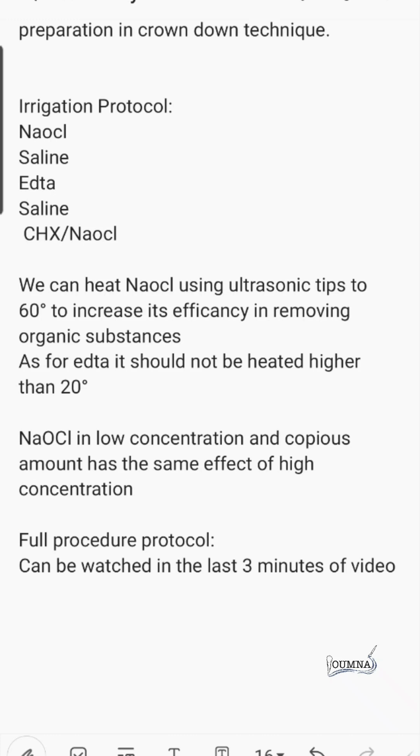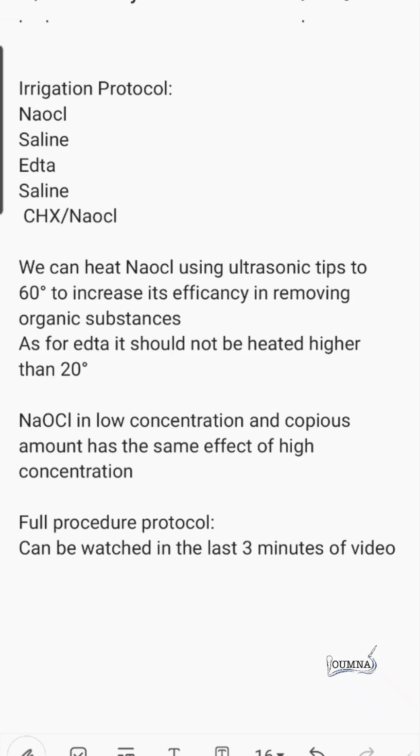We can heat sodium hypochlorite using ultrasonic tips to reach 60 degrees to increase its efficiency in removing organic substances. As for EDTA, it should not be heated higher than 20 degrees, which means it must stay at room temperature.